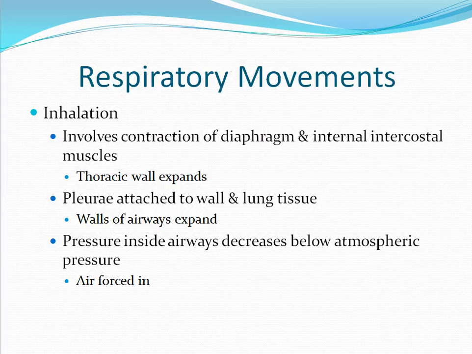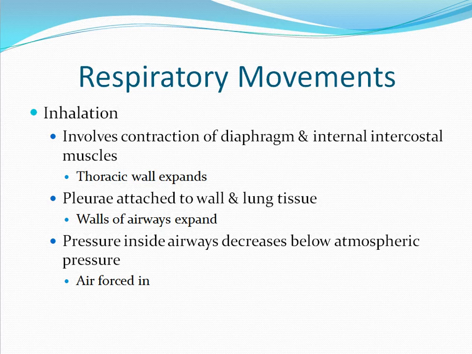Respiration involves 2 movements, inspiration and expiration. The normal amount of air that we inhale and exhale while at rest is approximately 500 milliliters. This is known as the tidal volume. Inhalation is described as being an active process because we must rely on muscle contraction in order to inhale.